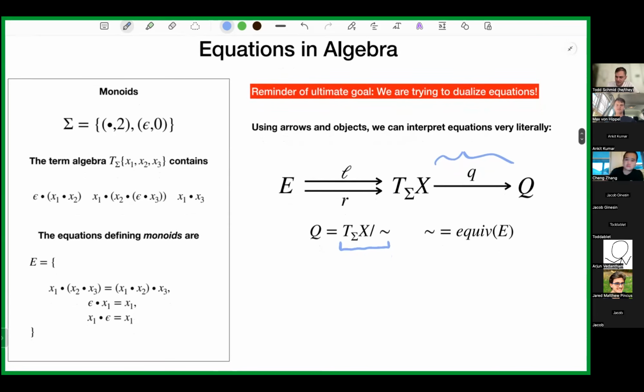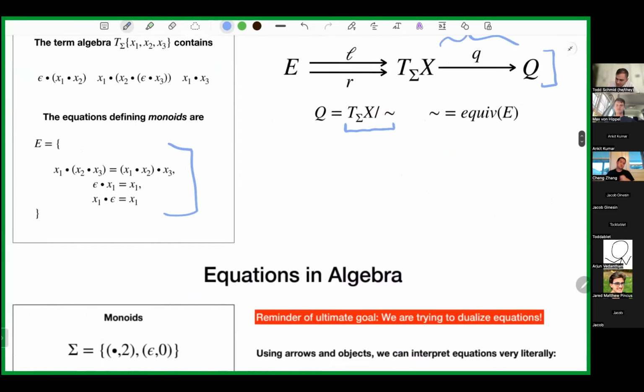Okay, this already gives us a very nice way of characterizing monoids. We have the equations that we want over here. We have some set over here, which is our terms modulo equations, and we have this quotient map.